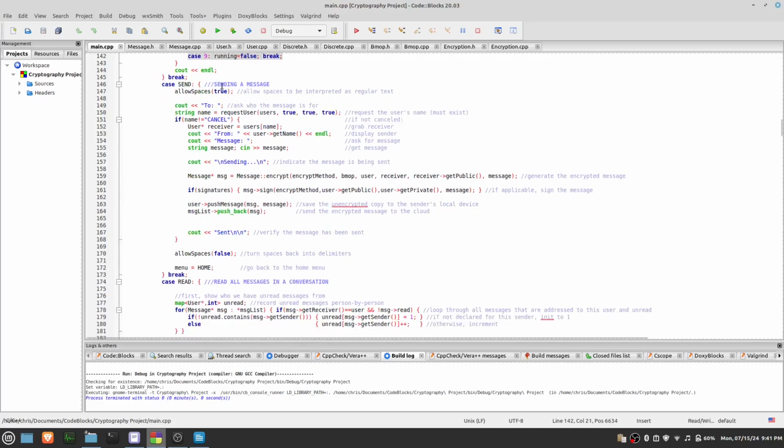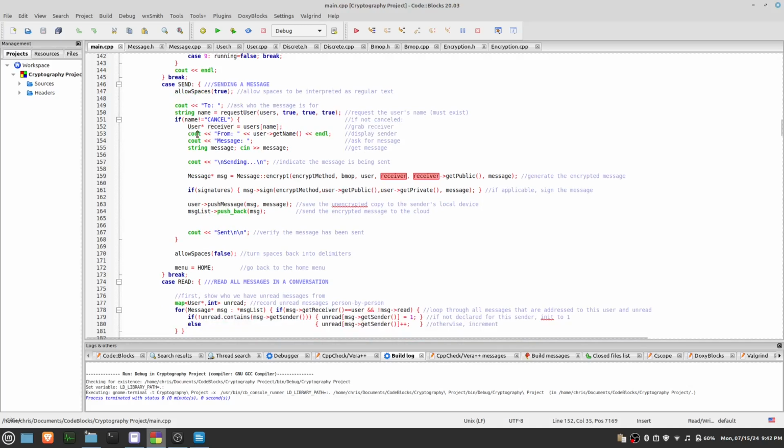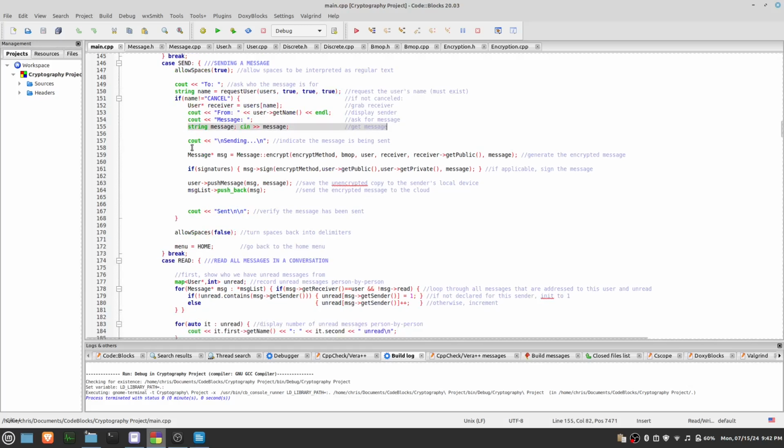Send a message. So first we ask the message. We have this function called request user, which I'll show in just a little bit. Cancel, that was something that had to be, I'll explain that in a bit. But anyways, receiver, to and from. We get the message, and then after that we say that it's sending. We encrypt the message.